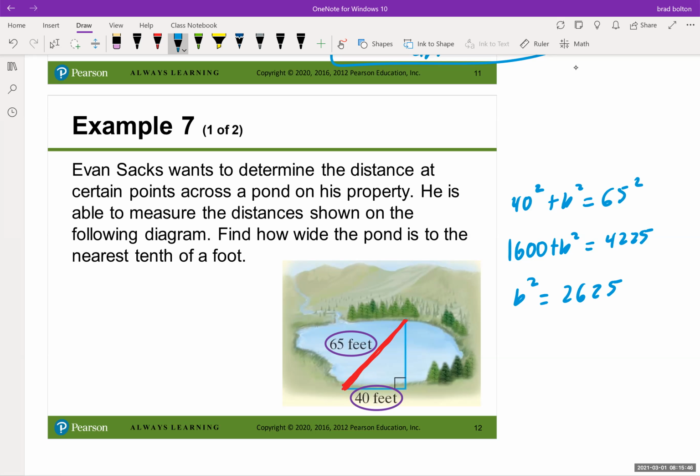Now I have to square root both sides, plus or minus, but again, we're only going to take the plus. So we get 51.2347. They said to the nearest tenth of a foot, so we're going to say 51.2 feet. We round off.